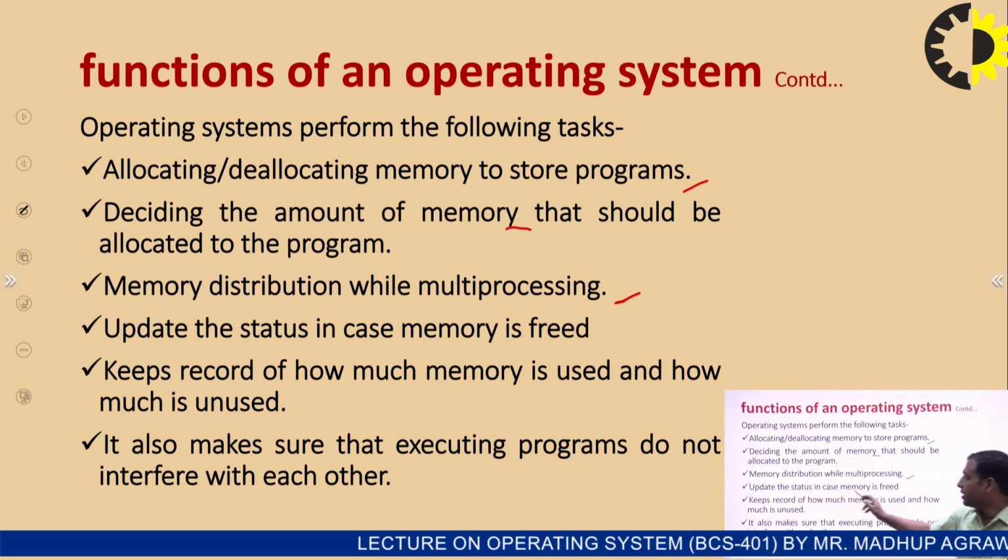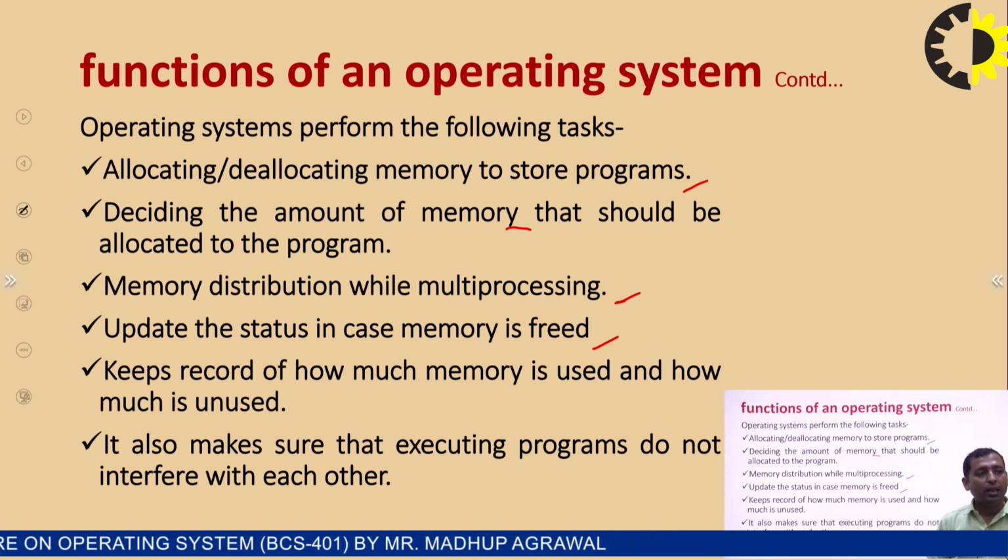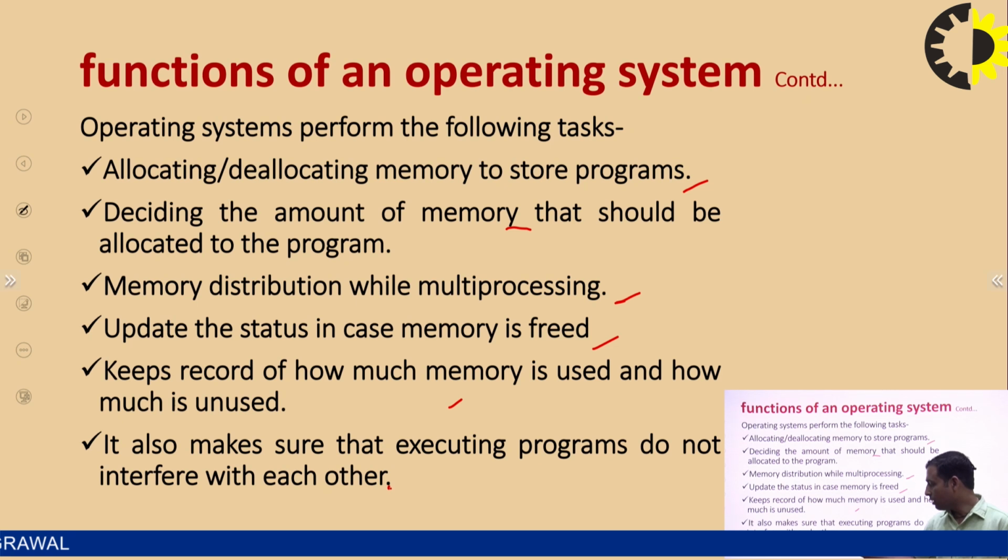Update the status of free memory, meaning keep track of how much memory is free, where to keep newly arriving processes, and how much memory is used and how much is unused. It also makes sure that the executing programs do not interfere with each other. Yes, this is very much required.